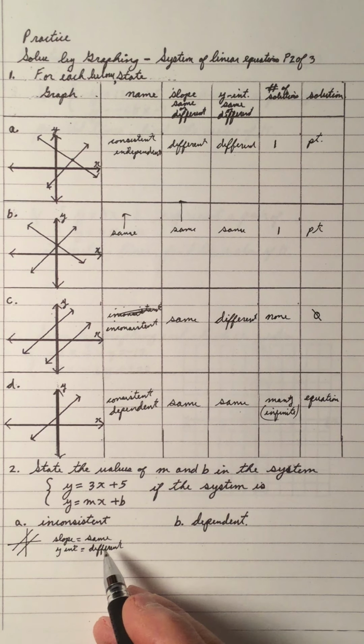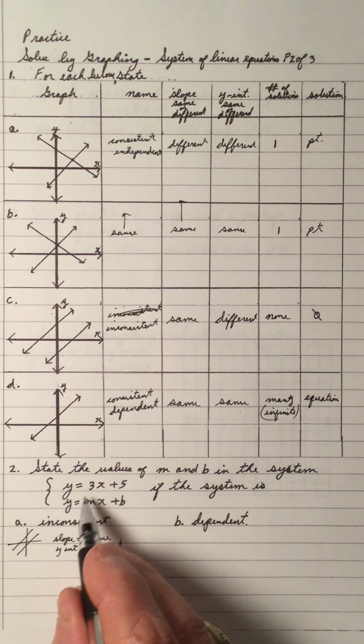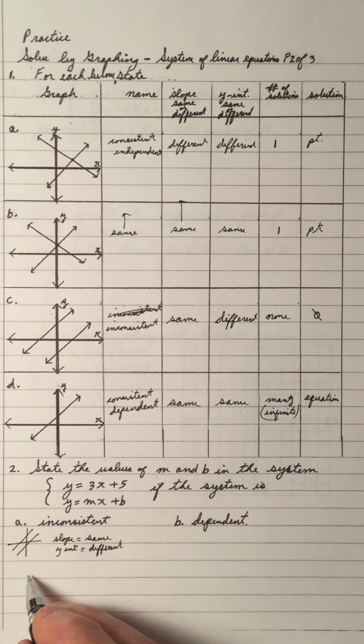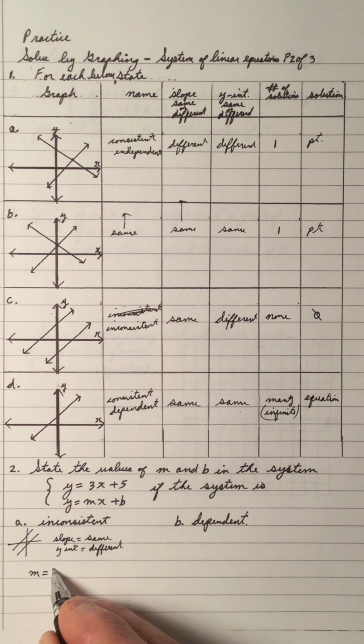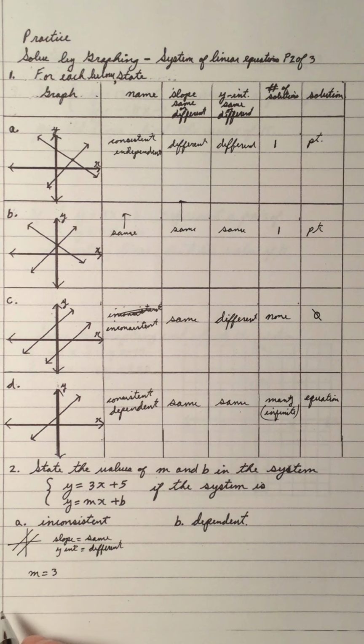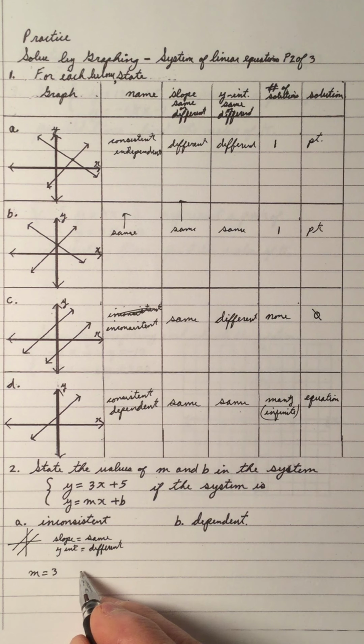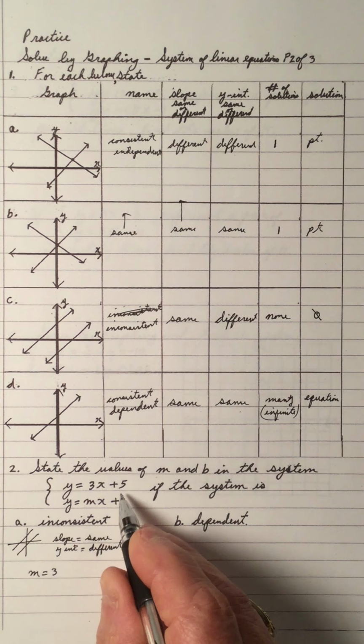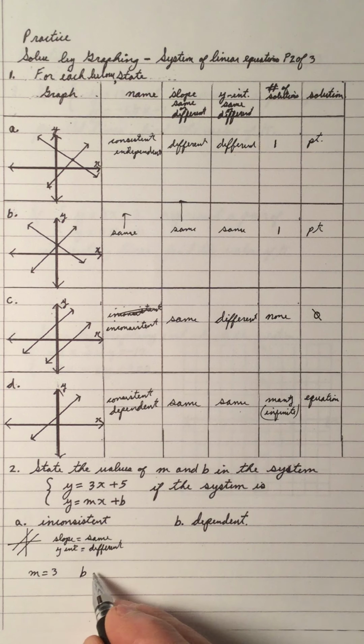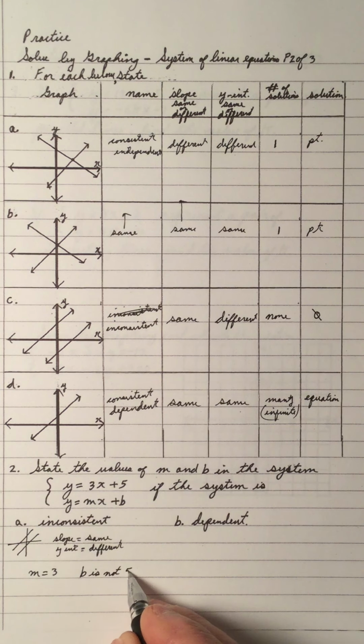Therefore, if this is an inconsistent system, that means m has to be equal to 3. But also, if you think about it, b can't be the same as 5. So b is not 5.